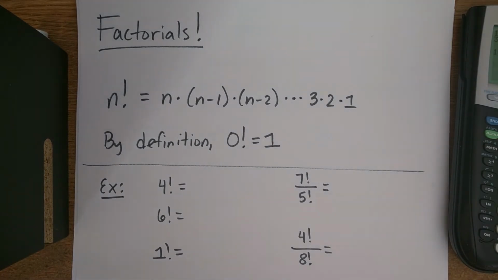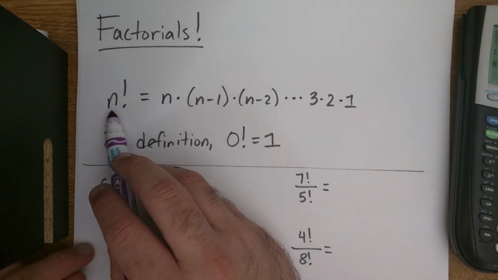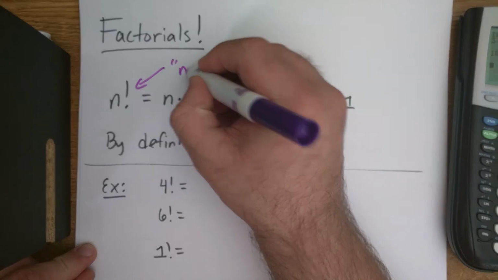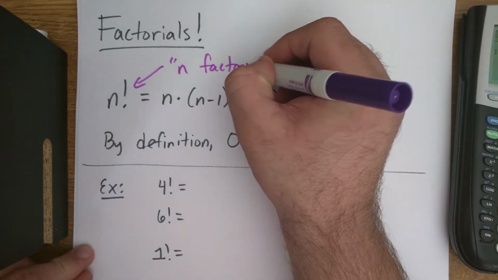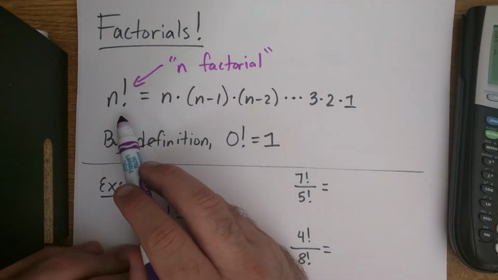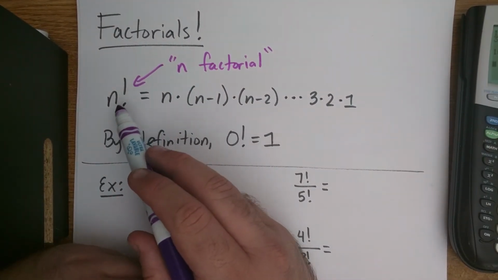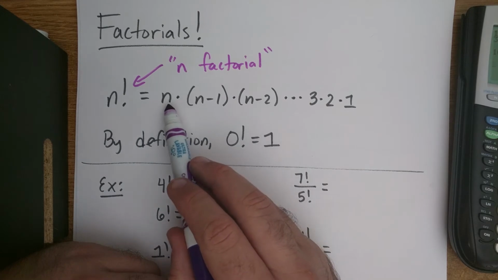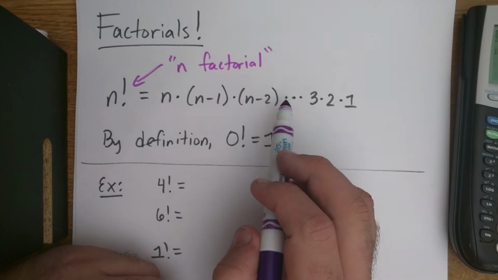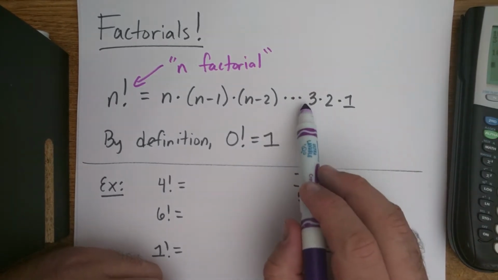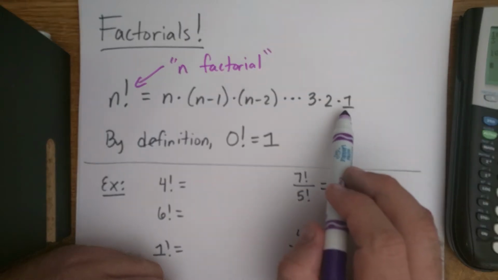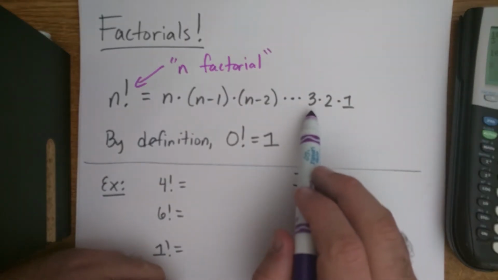So we have factorials. This is read as n factorial. All it means is, if you have n factorial, you can rewrite this as that number times that number minus 1 times that number minus 2, and so as far as you need to go, and then it should end with times 3 times 2 times 1 if your n value is bigger than 3.